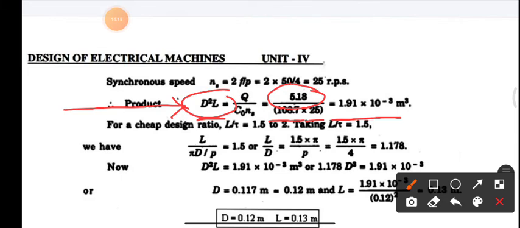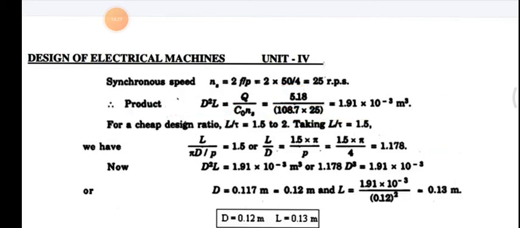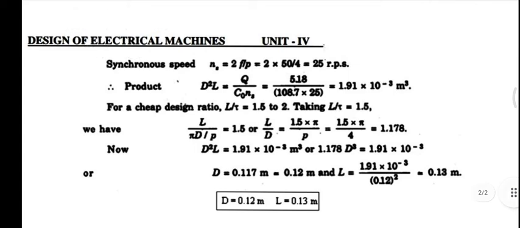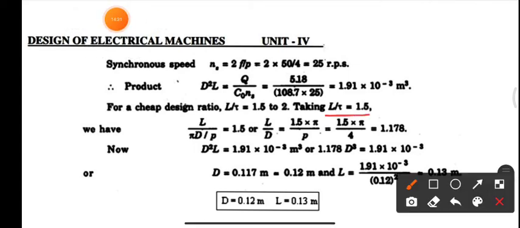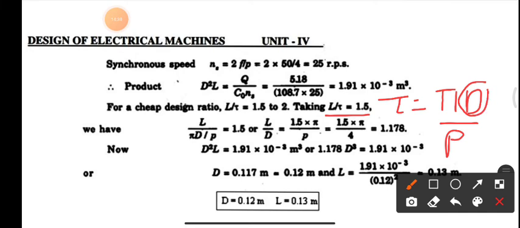Now here the design ratio is assumed. In many numericals, if it is not given, based on the machine you can determine or assume the value of L by tau ratio. Here we have taken the value of L by tau as 1.5, right? And I have already told you tau is nothing but pi D by P, where D is the diameter and P is the number of poles, right?